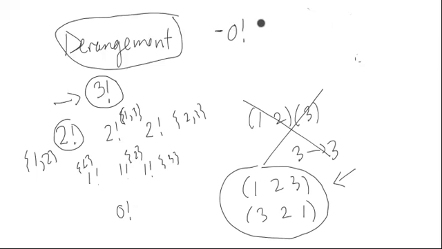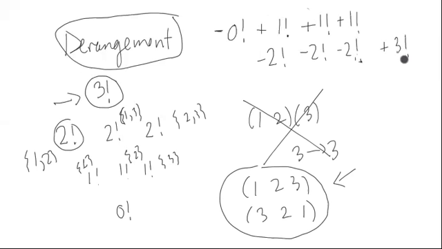The 1 factorial would be a contribution of a positive 1. The 2 factorial, but how many of those do we have? We actually have 3 of those. 2 factorial, we'd have 3 of those. So minus 2 factorial, minus 2 factorial. All those have a contribution of -1. And the 3 factorial itself has a contribution of +1. If you were to add all these up, you end up getting 2 as desired.